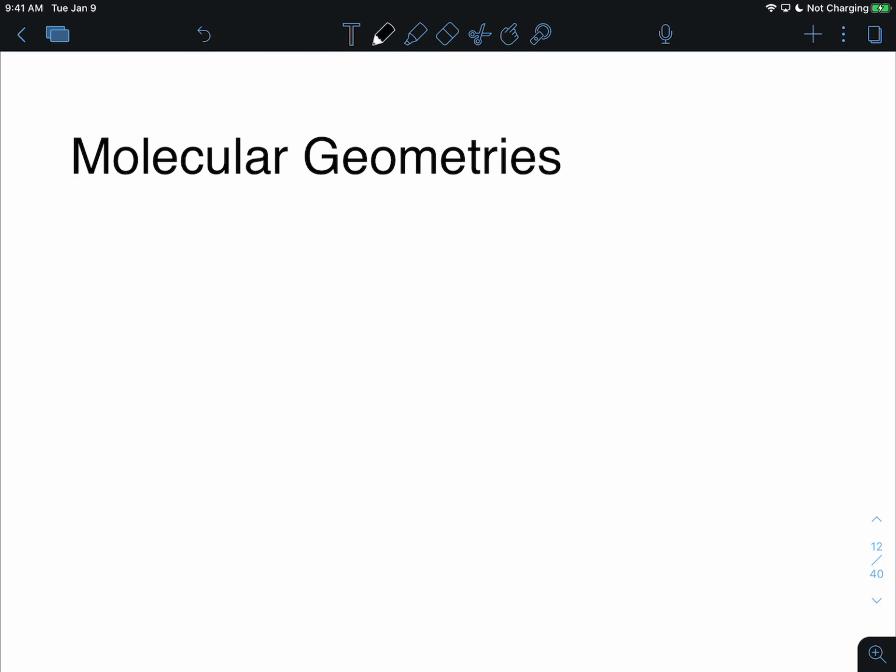Our electron domain geometries are based on just our electron domains. It doesn't matter what type of electron domain it is, whether it's a lone pair of electrons or an actual bond. But with our molecular geometries, we're just looking at the geometry of the atoms within the molecule.